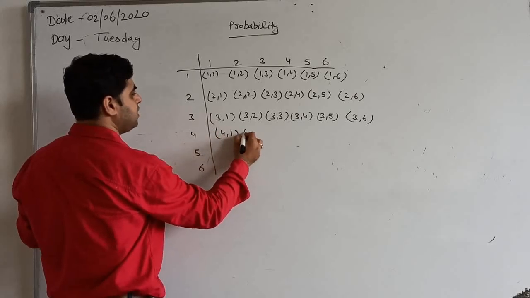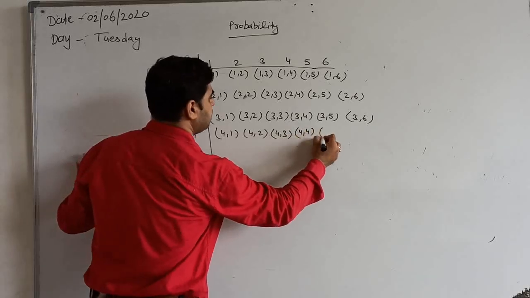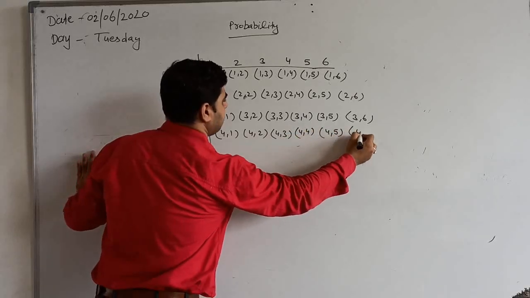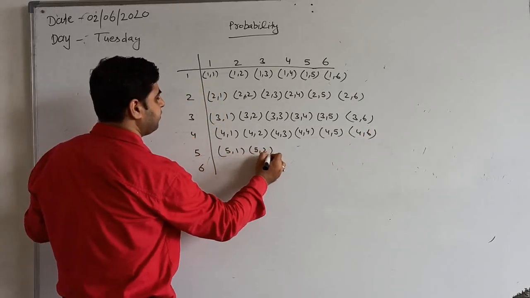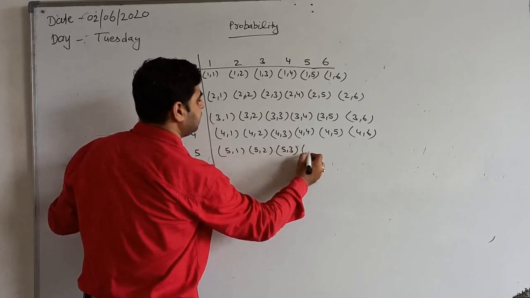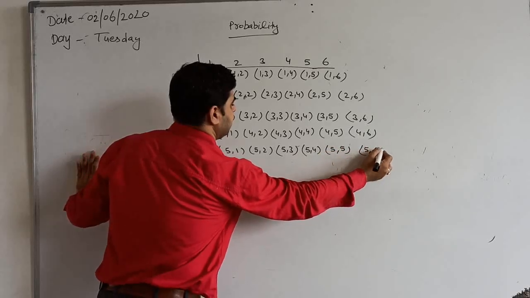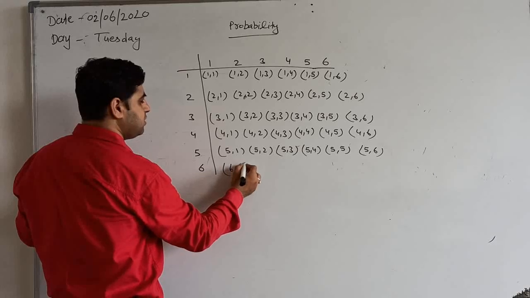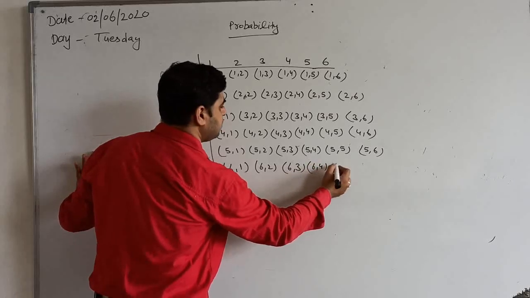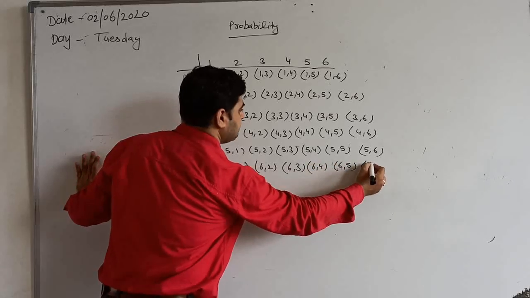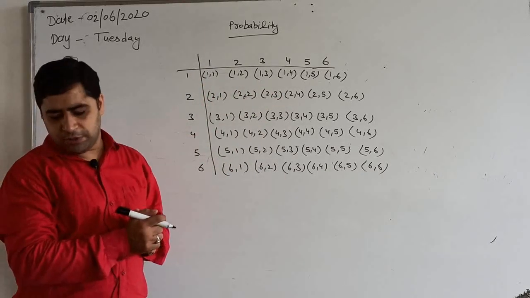Same here, 4,1 to 4,6, then 5,1 to 5,6, and 6,1 to 6,6. So how many total outcomes? Total 36 outcomes will come out.